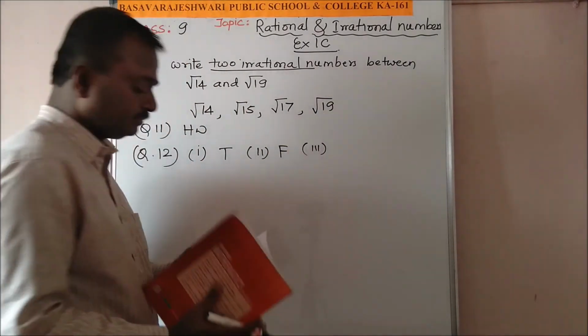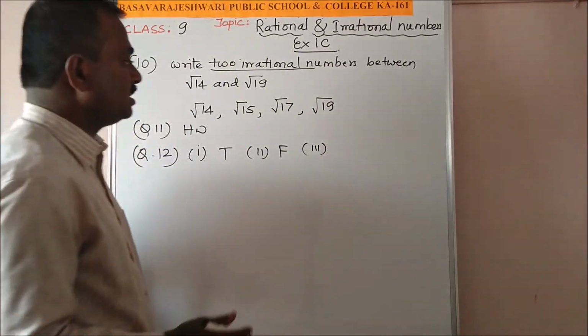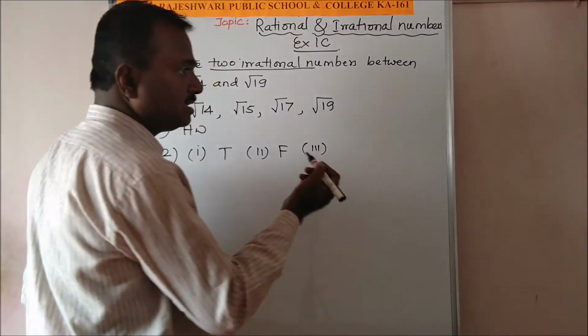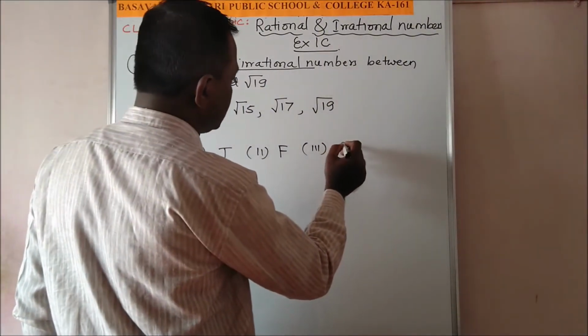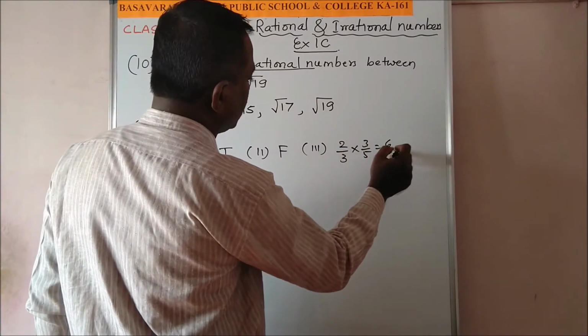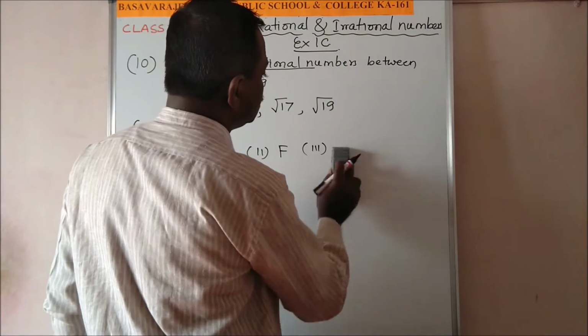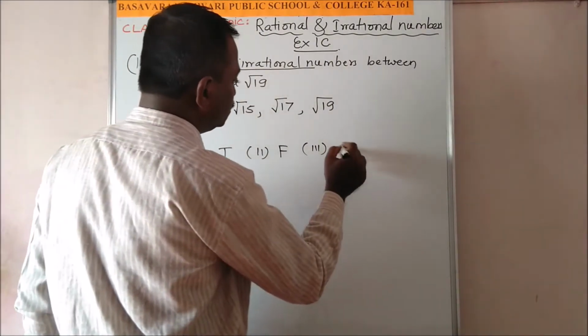Third, the product of two rational is rational. For example, 2 by 3 into 3 by 5 is 6 by 15. It is a rational. So therefore it is true. Third one is true.